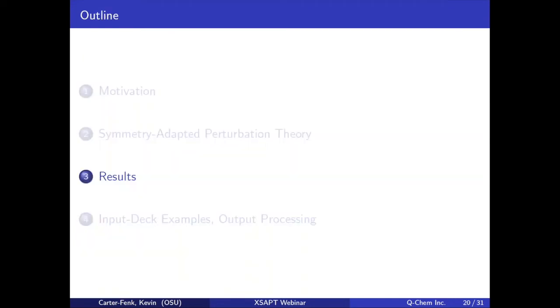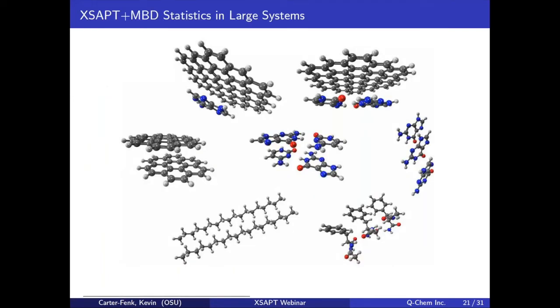So on that note, we'll transition to some recent results that we have reported with this method. Some that will feature are on this L7 data set of large systems. So these are 7, they're treated as dimers, and they have some high accuracy benchmarks available.